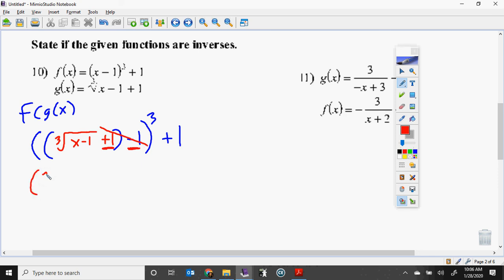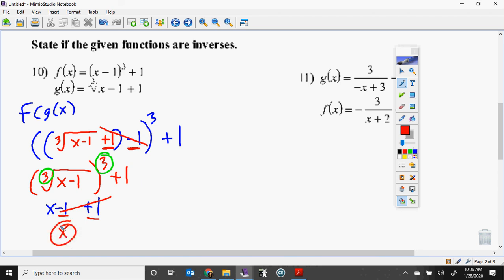So I'm left with the cubed root of x minus 1, all cubed, plus 1. Well, when I cube a cubed root, those cancel out, leaving me with x minus 1 and then plus 1. And then lastly, the minus 1 and the plus 1 cancel out, and I'm left with just x.